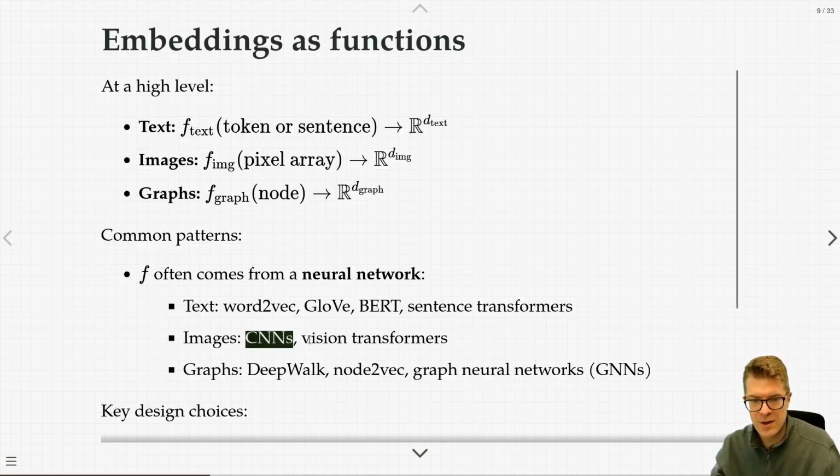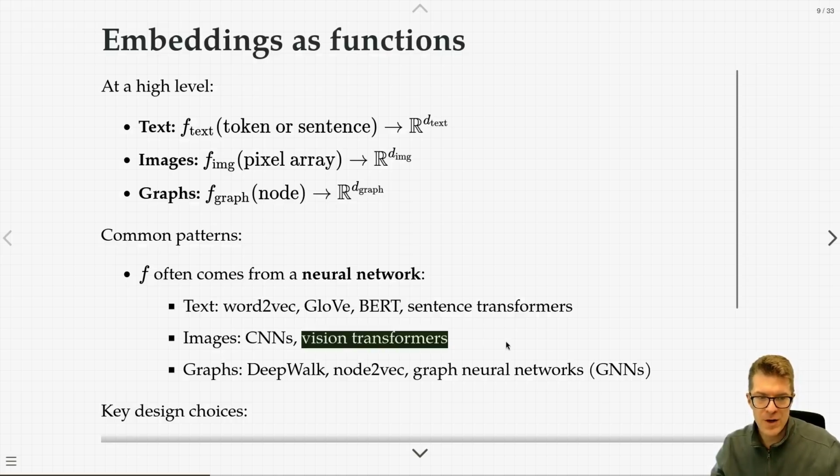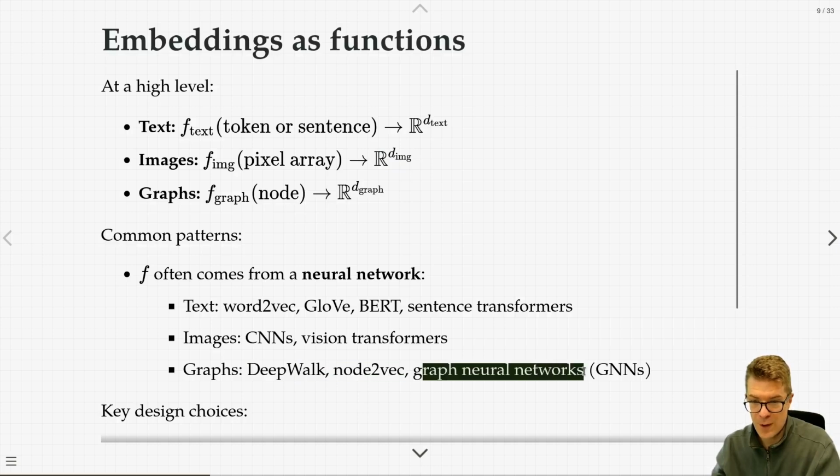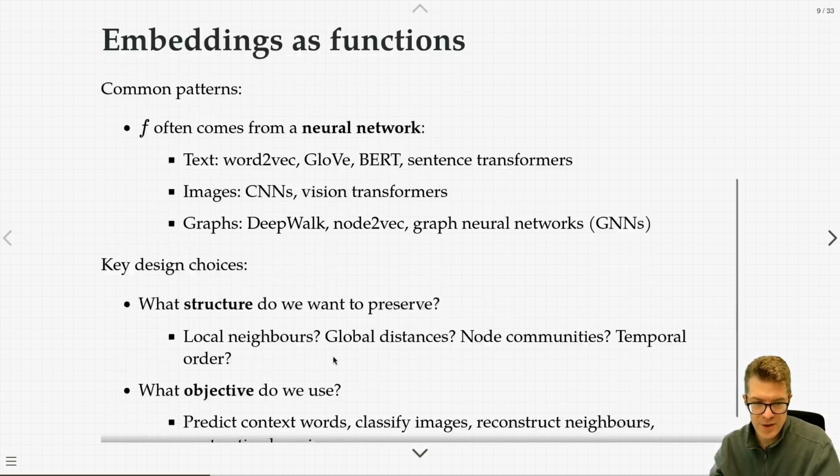Convolutional neural networks and vision transformers have been very good encoders. They've performed the function of producing image representations very well over the years. And we're going to cite DeepWalk and Node2Vec soon enough. There's graph neural networks, which, as the name suggests, are very good at producing representations given graphs.